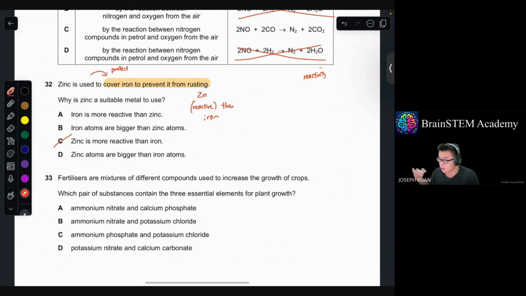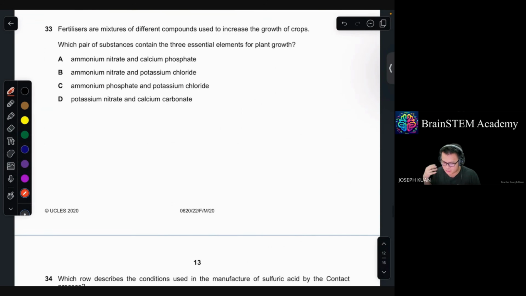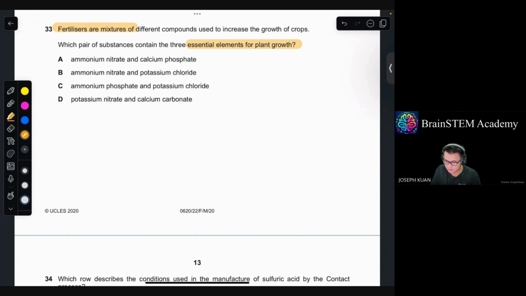All right, from corrosion. Now, question 33. Fertilizers are mixtures of different compounds used to increase the growth of crops. Which pair of substances contain the 3 essential elements for plant growth? So whenever you see plant growth and fertilizers, you should think of the most popular fertilizer in the industry, which is NPK fertilizers.